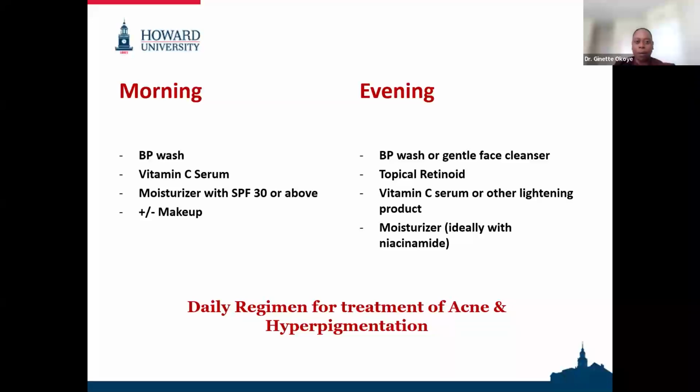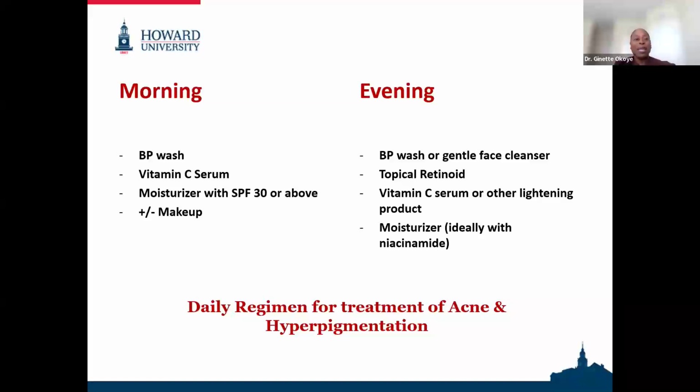You could pay anywhere from $8 to $200 for vitamin C serum, and the $8 ones work just fine. So the benzoyl peroxide wash followed by their vitamin C serum, which helps with hyperpigmentation and brightening of the skin. And then I would have them wear a moisturizer with SPF 30, because we're going to be using retinoids and BP, which can make them more photosensitive.